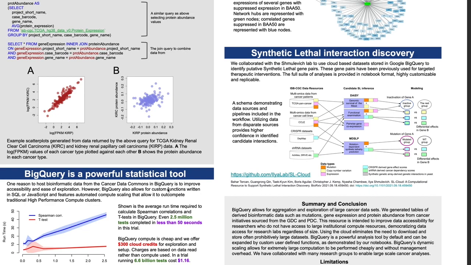Evidence from all this can then be combined to generate likelihoods for synthetic lethal partners for any gene of interest. And crucially, all of this work was performed in cloud-based notebooks and can thereby easily be replicated and modified by any researcher with a personal computer without a huge overhead of having to download the data sets and install all these pipelines on their local systems.